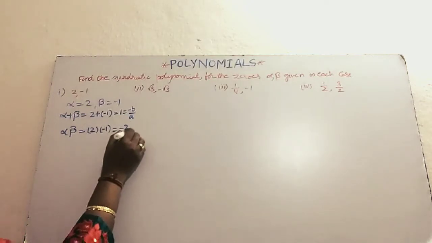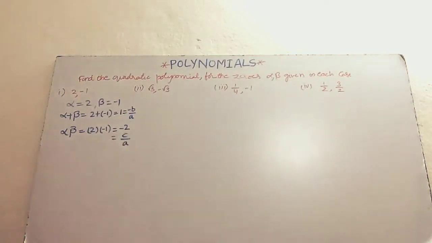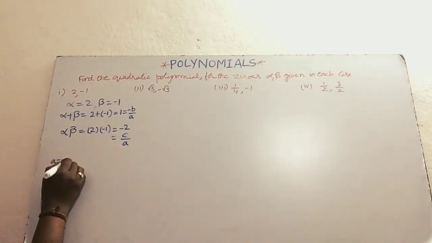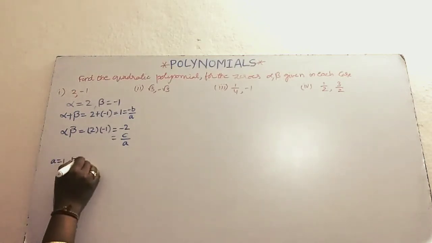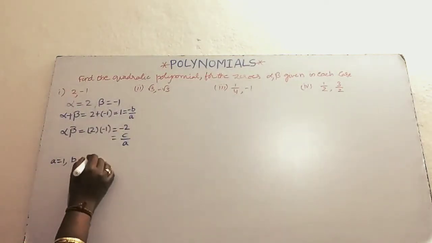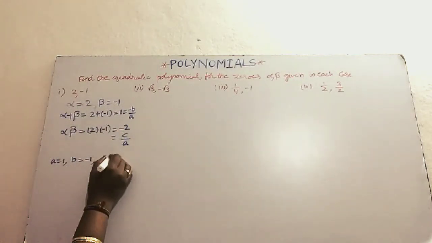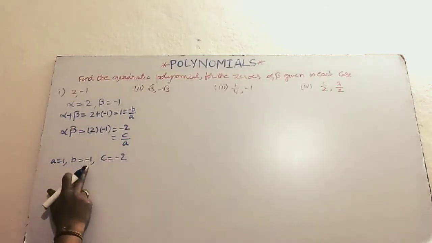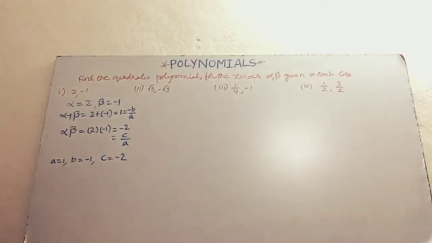That is equal to c by a. So we observe that here a equal to 1, and minus b equal to 1, that means b equal to minus 1 and c equal to minus 2. So a is equal to 1, b equal to minus 1 and c equal to minus 2.